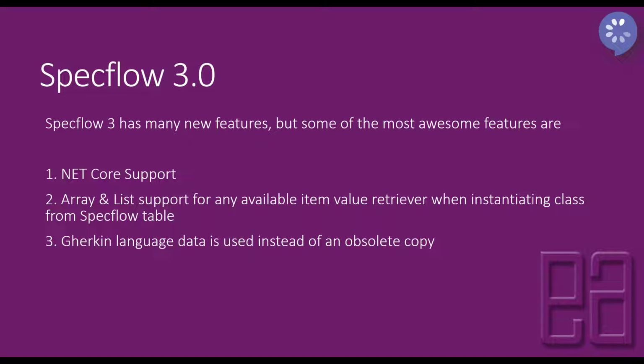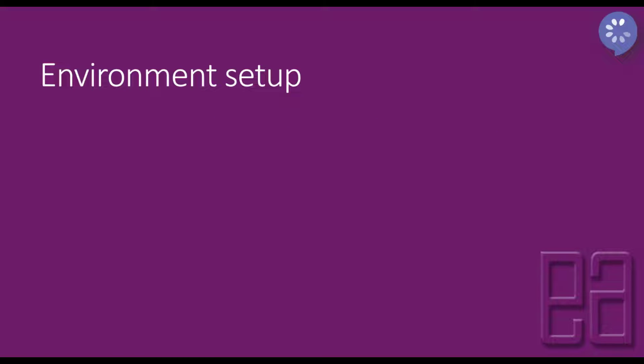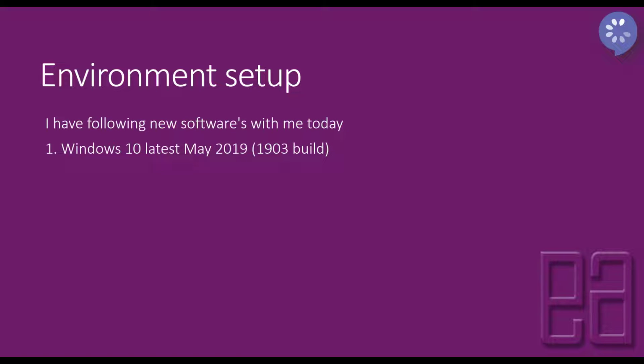So today in this video, I'm going to have a completely different environment setup compared to the one I was showing you all these days. I have the following new software installed on my machine. I have the latest Windows 10 May 2019 update, which is 1903. I have already installed it on my Dell laptop, even though there is no official support for it yet.